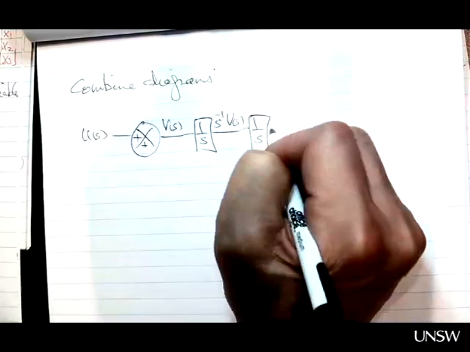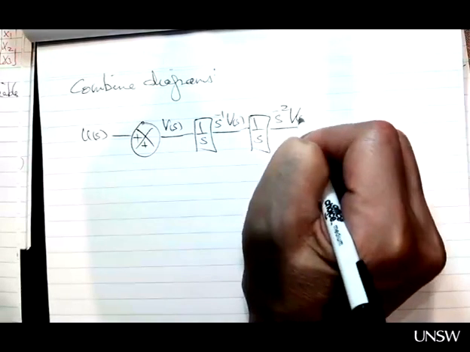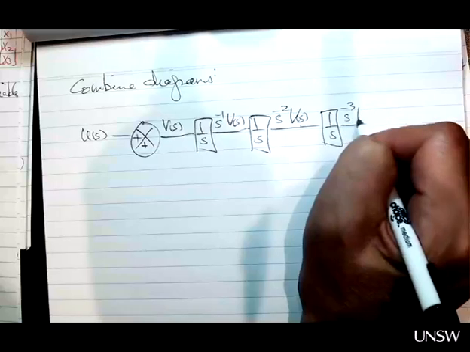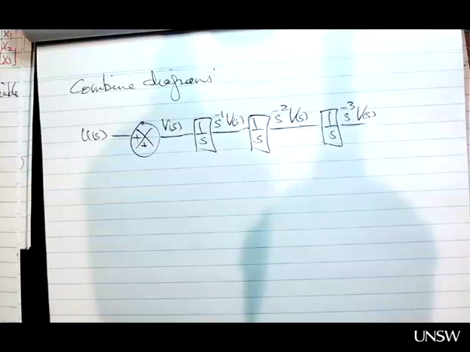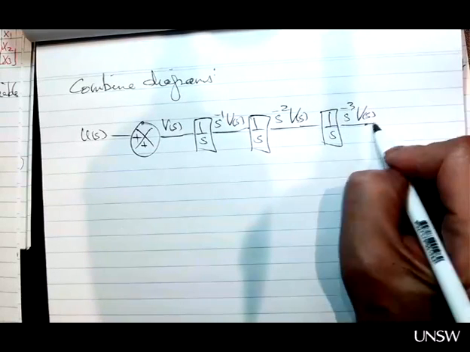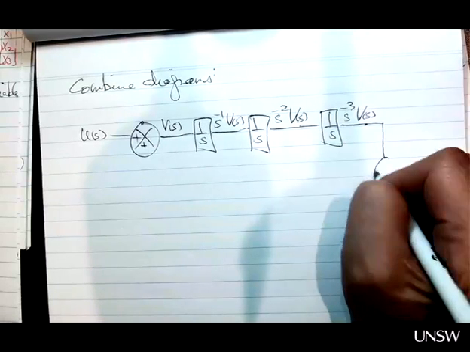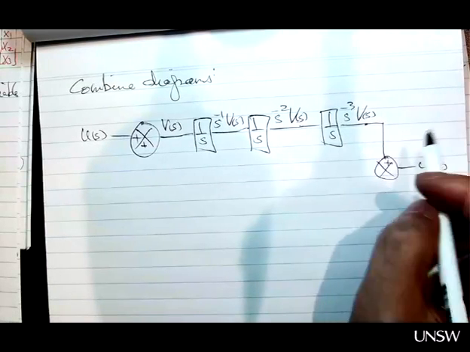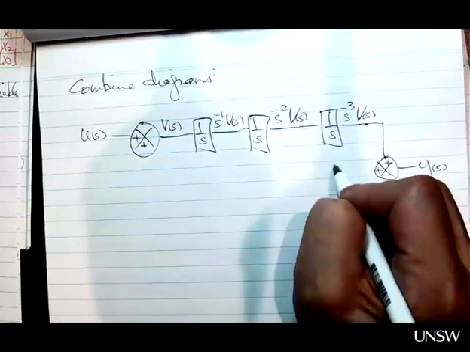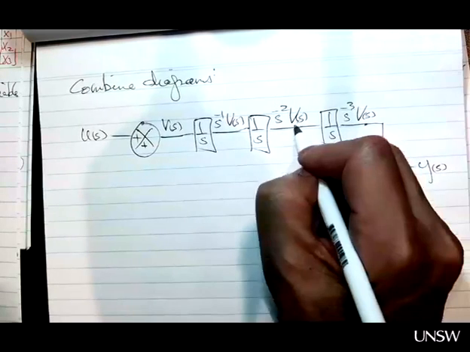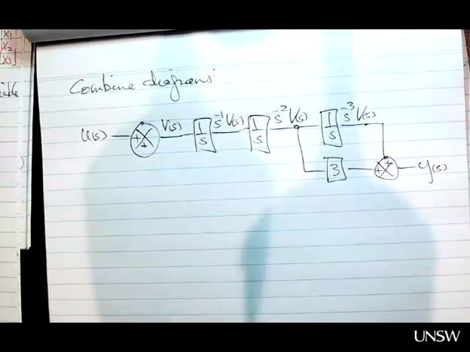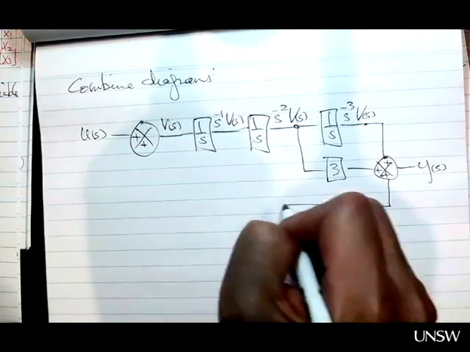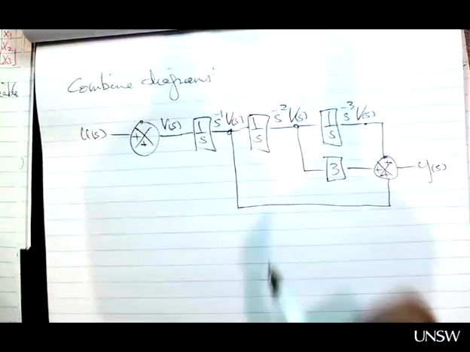Another integrator, another integrator. From the previous diagram, we have the Y(s) output, and then we have the scaling factor 3, and also from the first diagram.